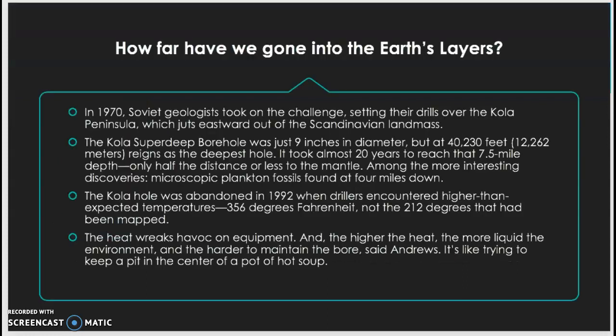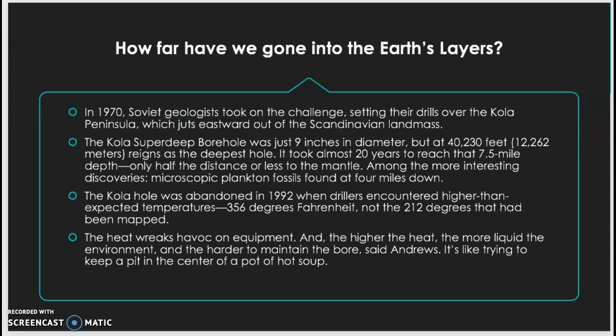Students always ask every year when we talk about depths and how deep the layers are, how far we have gone. So the deepest hole that has ever been drilled on Earth has been drilled by the Russians. So in 1970, they started drilling this hole, and they drilled it in a space called the Kola Peninsula. It's near Scandinavia.